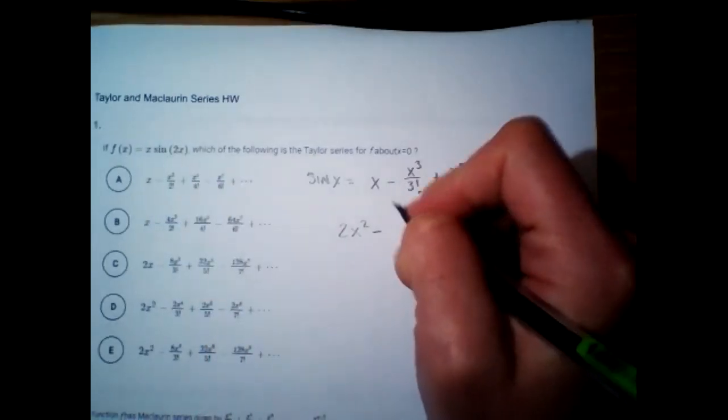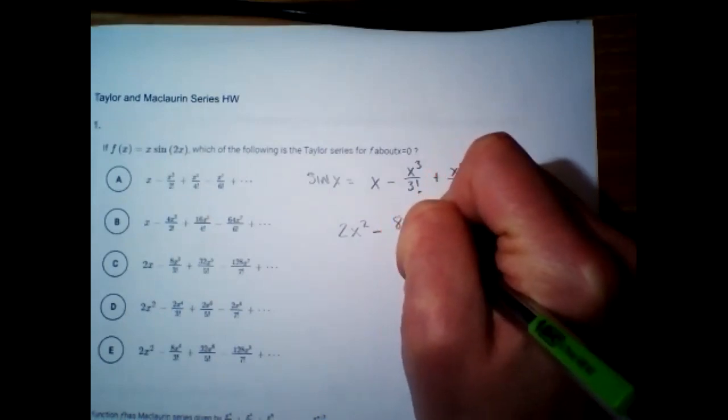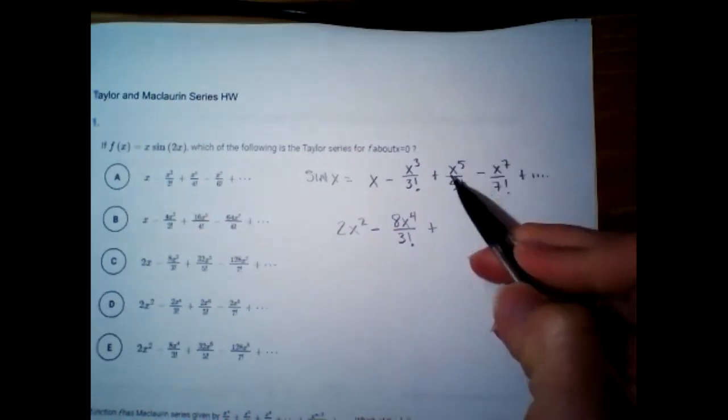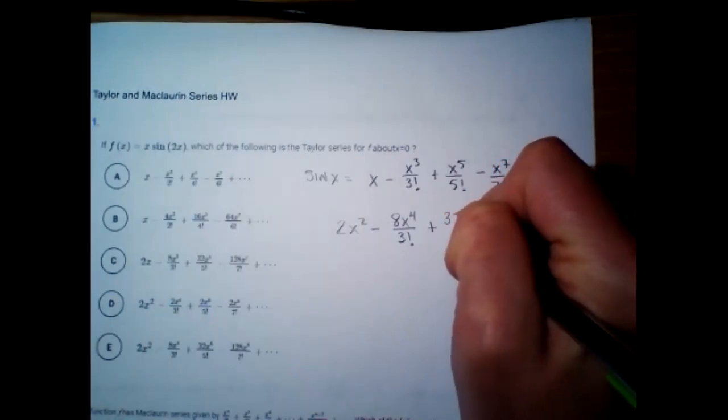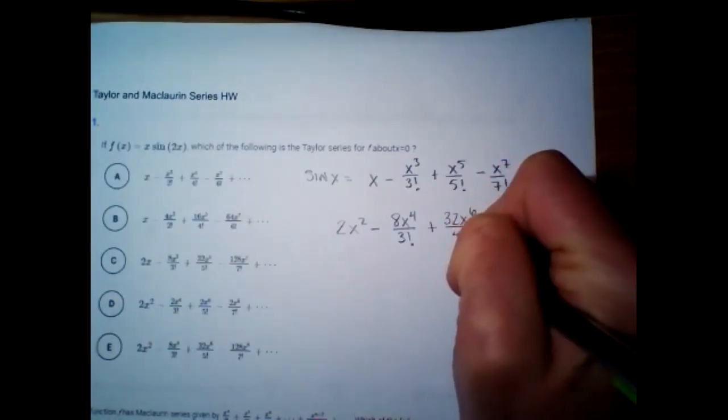So it would be 8x to the 4th over 3 factorial. And then again, replacing x with 2x. So 2 to the 5th is going to be 32. So we'll have 32x to the 5th, and then the other x is going to make it x to the 6th. So 32x to the 6th over 5 factorial.